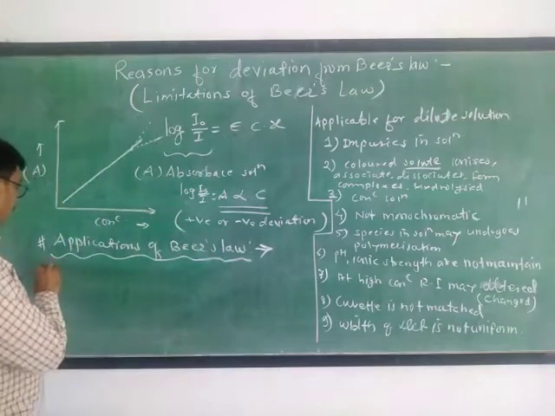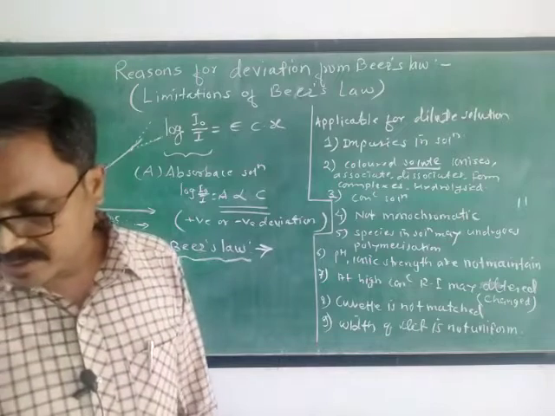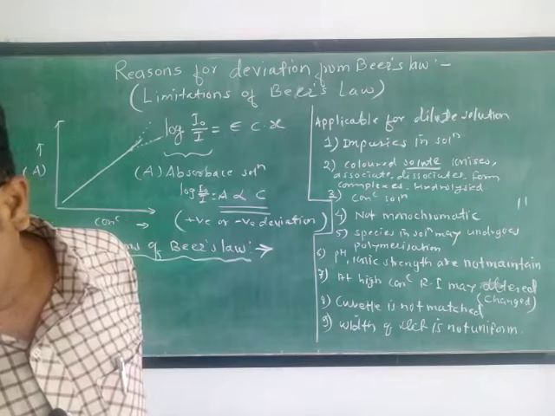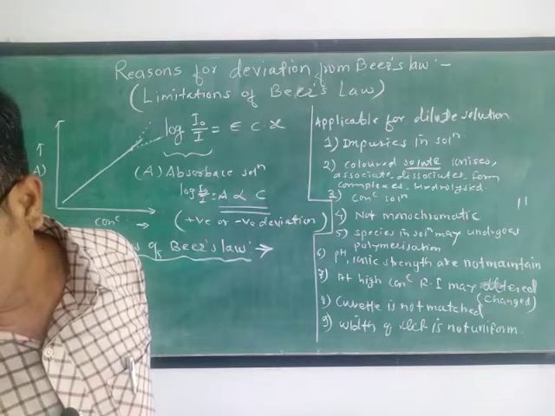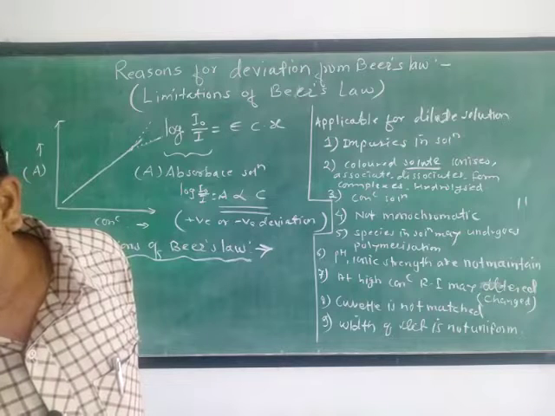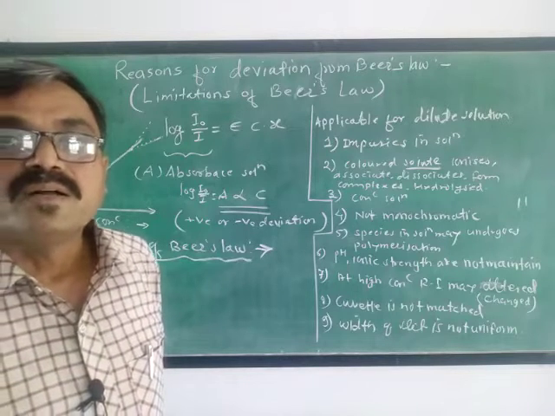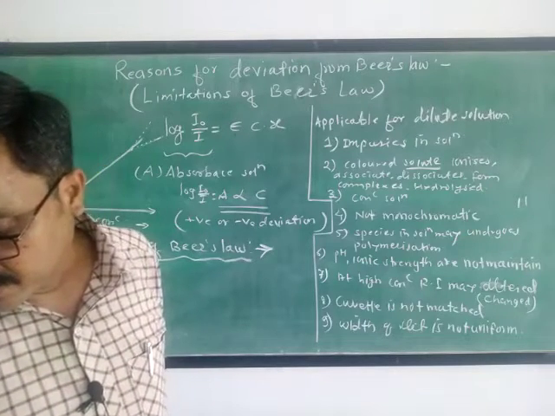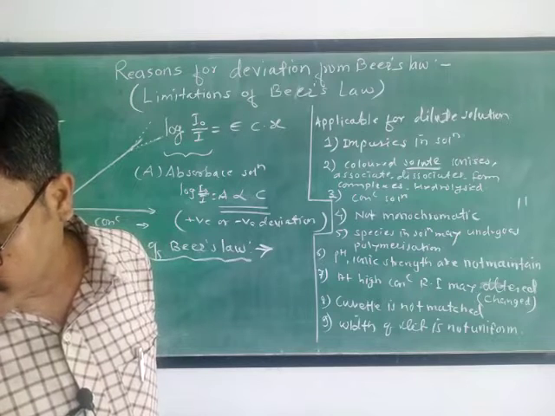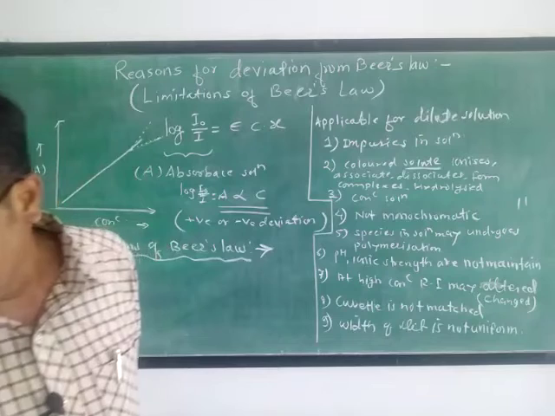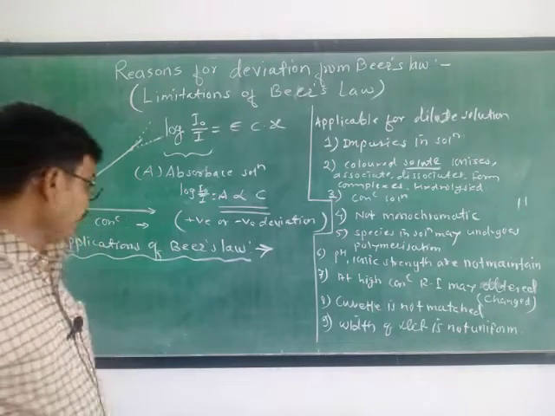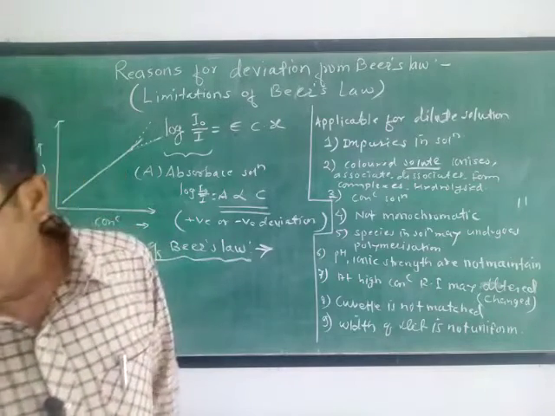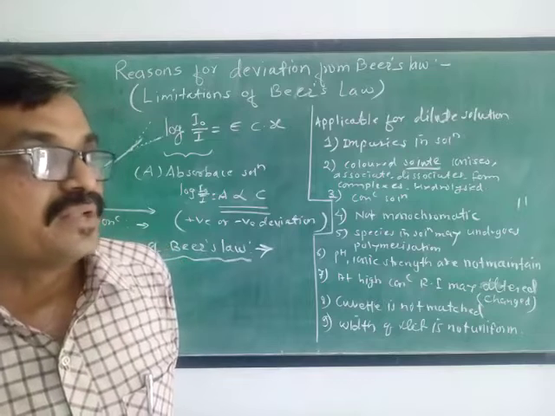That's why the first application of Beer's law is the measurement of unknown concentration of a compound by comparing it with the known concentration using a spectrophotometer. Second, to characterize the compound by drawing the absorption spectrum.